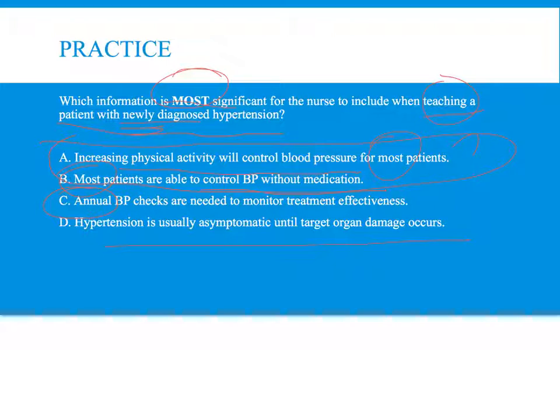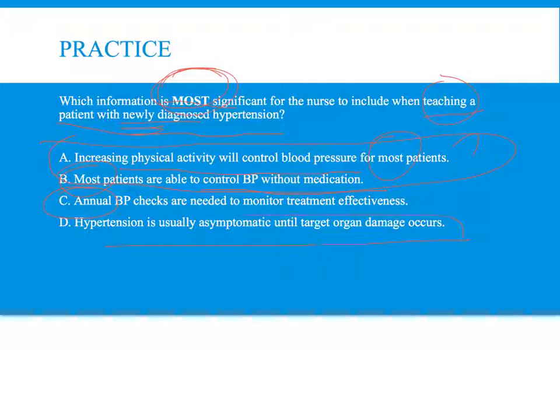So the reason I bring this question as an example is because all of the answers are pretty correct, actually. They're not necessarily horribly wrong statements about hypertension, but we want to know the most significantly correct answer.